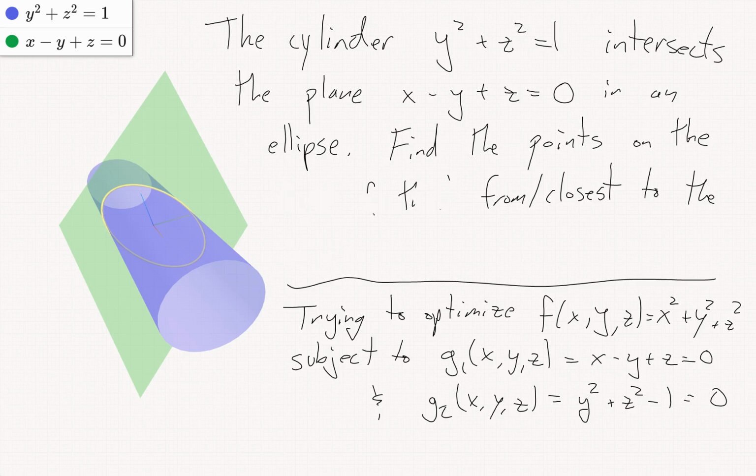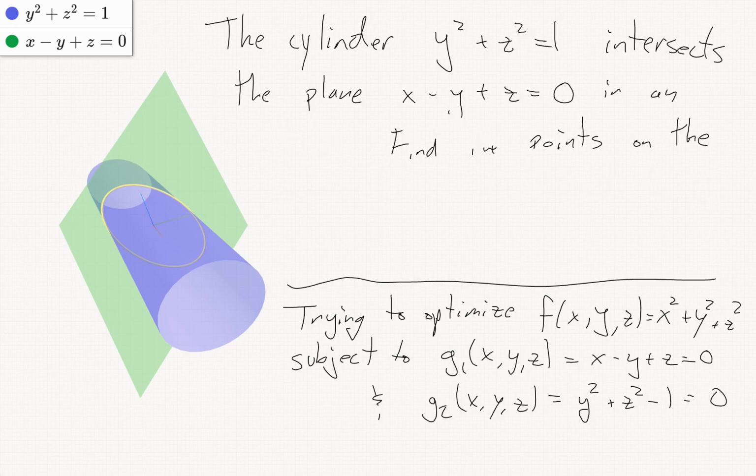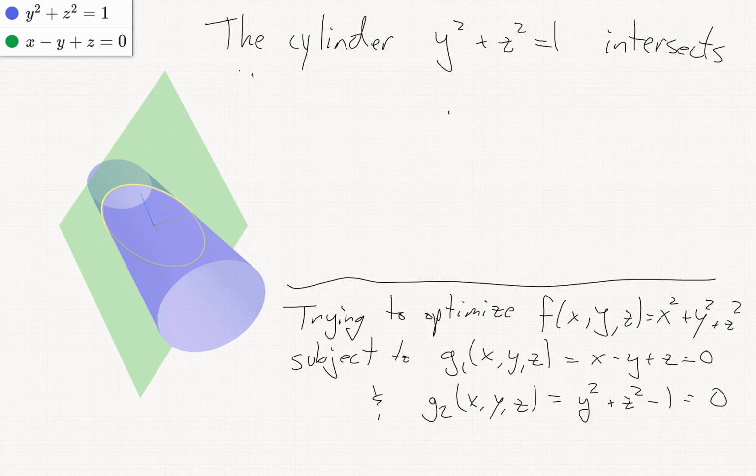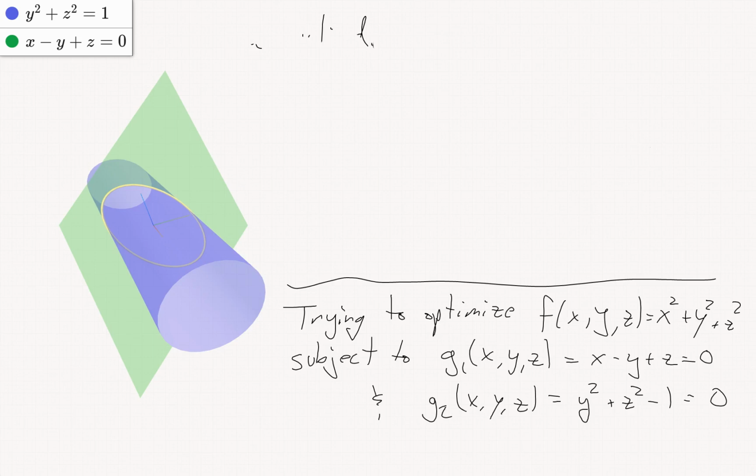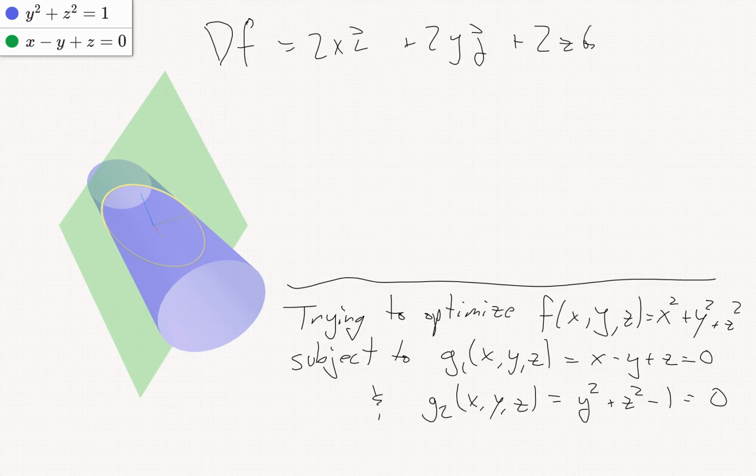Okay, so to solve this with Lagrange multipliers, we'll first write down the gradients of all of these functions. So nabla f is 2x i plus 2y j plus 2z k.